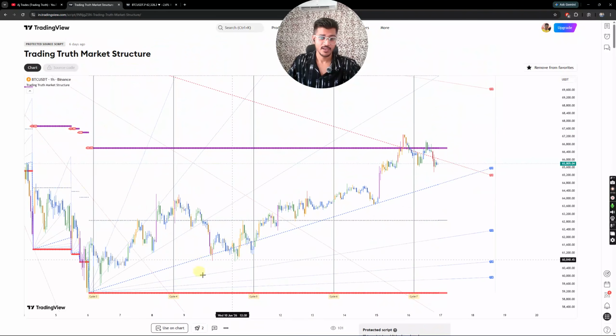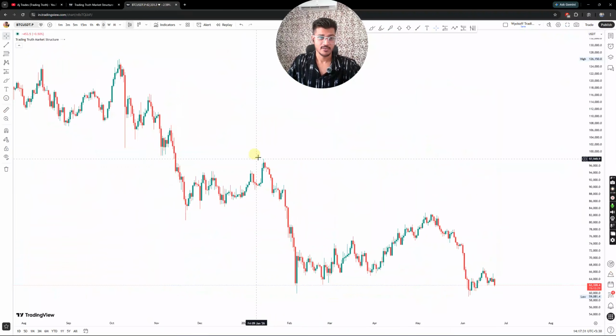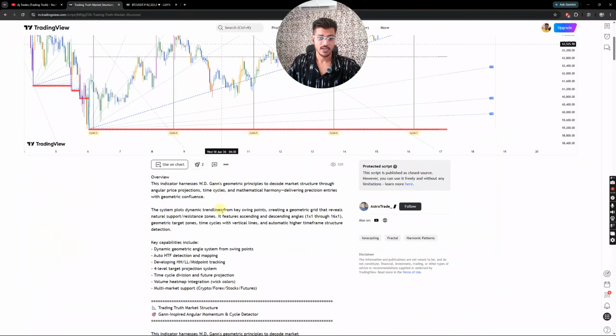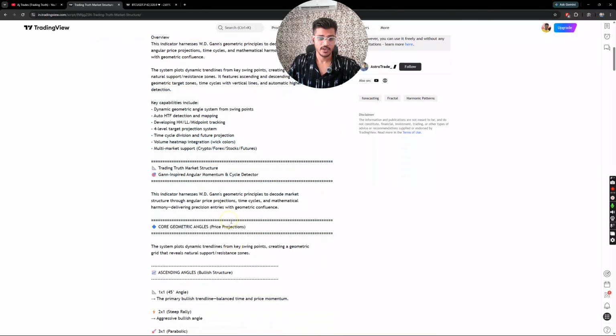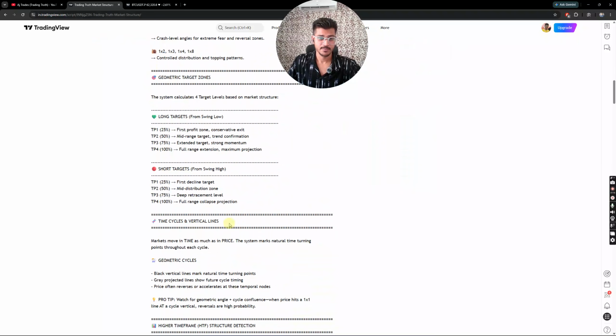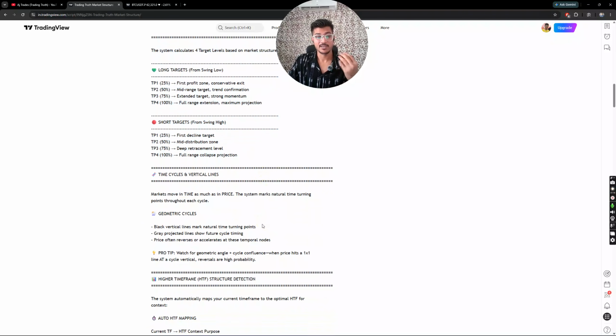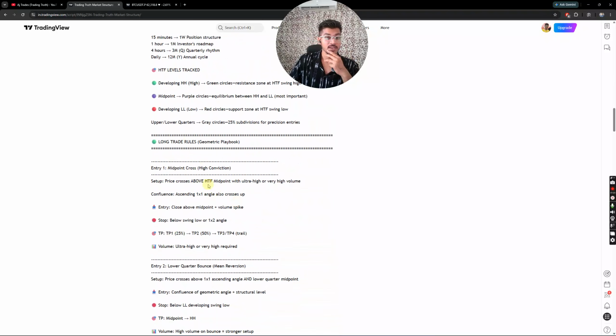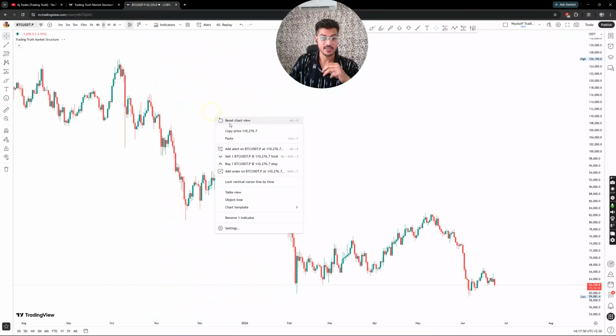It's not going to add these trend lines, just this one, and the high and low. So let it load. Meanwhile, you can go and read about it. I've also written about how you can take trades with it, and what all those lines mean.